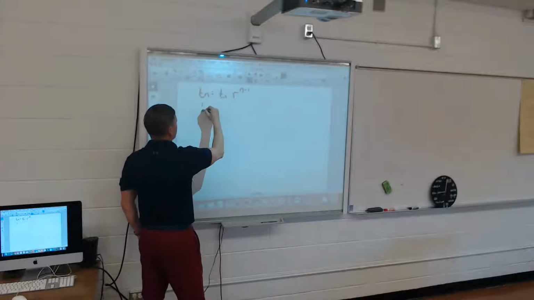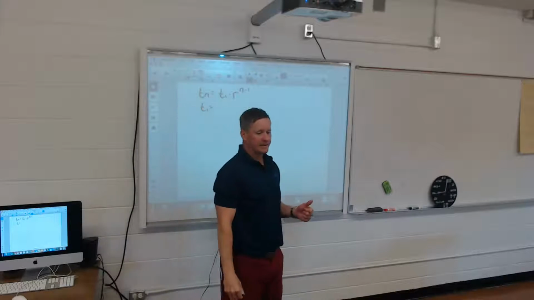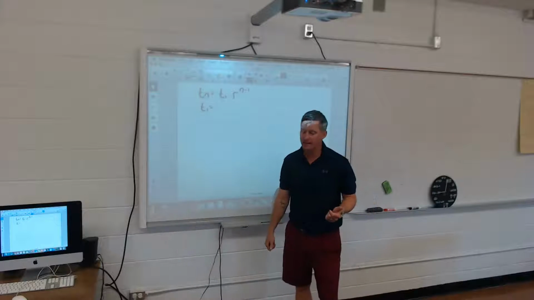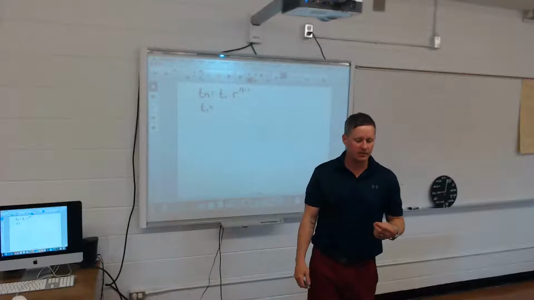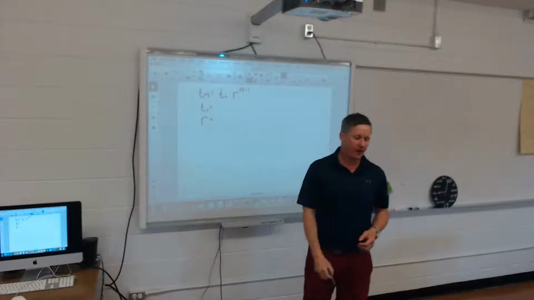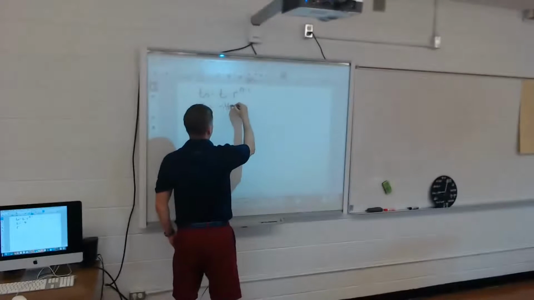Now I always like starting by writing that out, because for one it tells me that I'm working with a geometric sequence, so that's ideal. Number 2, it gives me an indication as to what I need to find. So t to the 1 and r, I need to find those. So t to the 1 is minus 409.6.